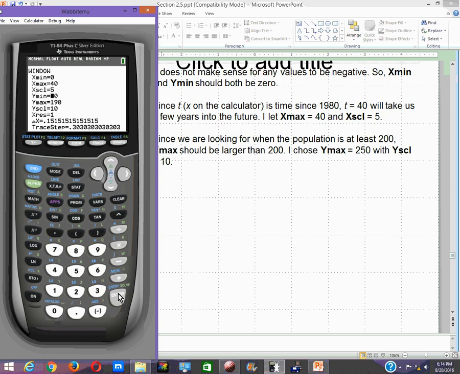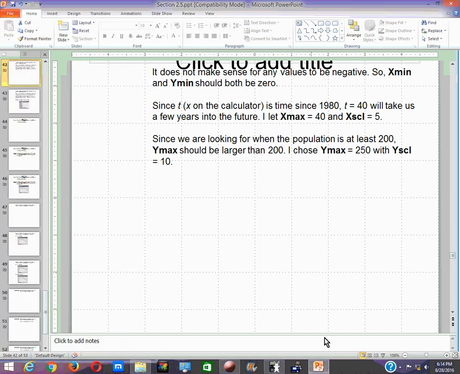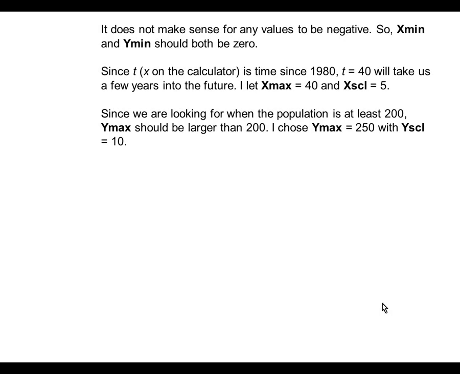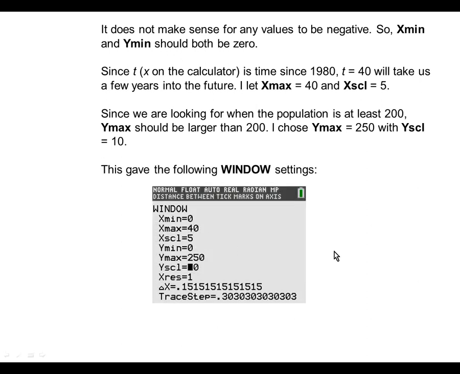Y min is 0, and again something past 200. I chose 250. And the scale for y is 10, which is what it already is. So we can quit that. That's what my window settings look like.